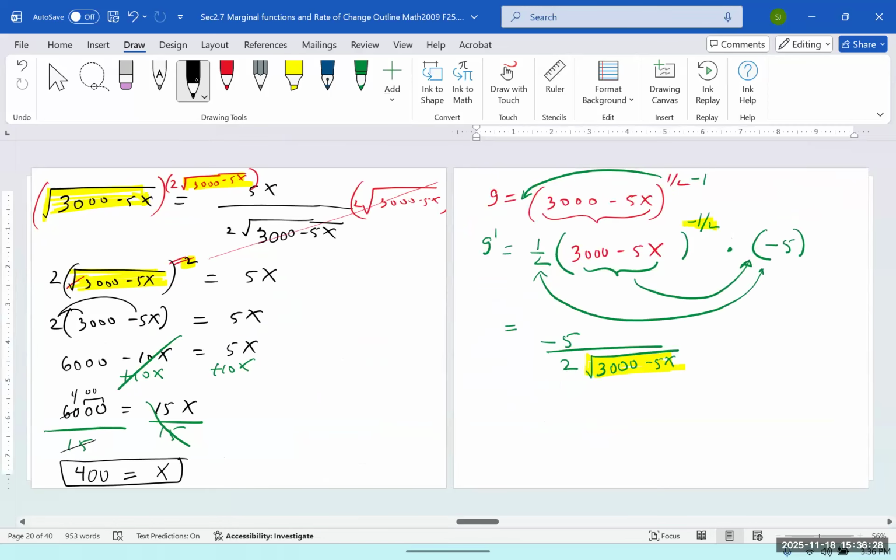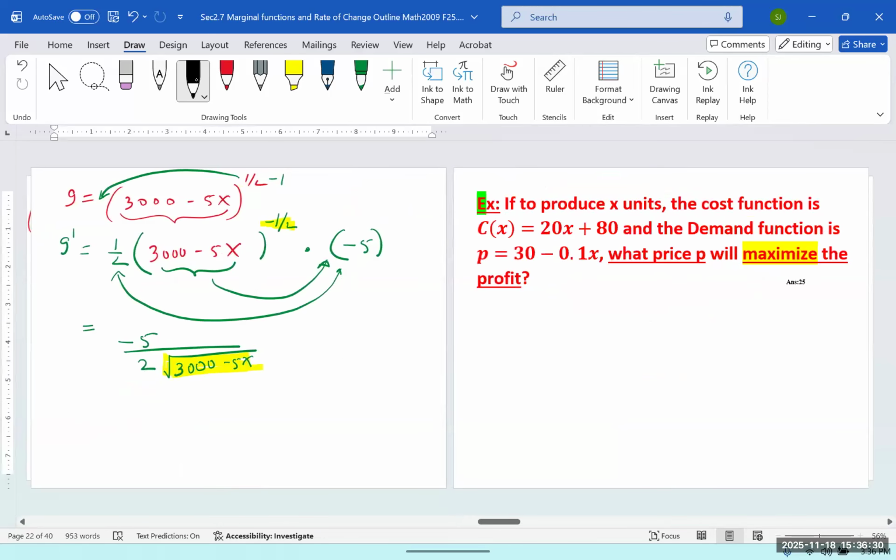The last question. To produce X units, it costs 20X plus 80. And the demand is given by P equals 30 minus 0.1X. So they give us the cost function and the demand function.